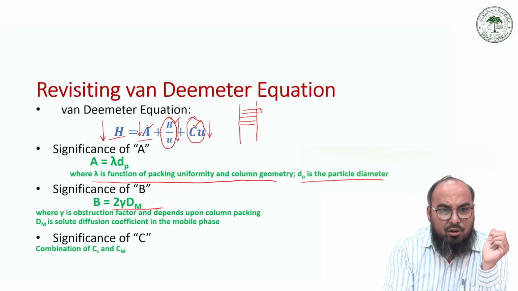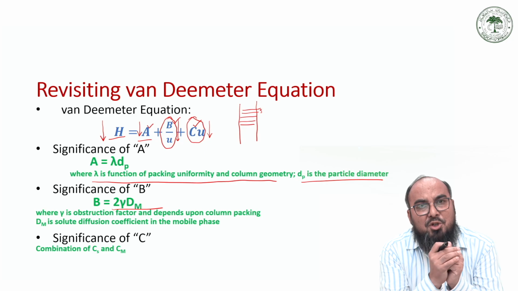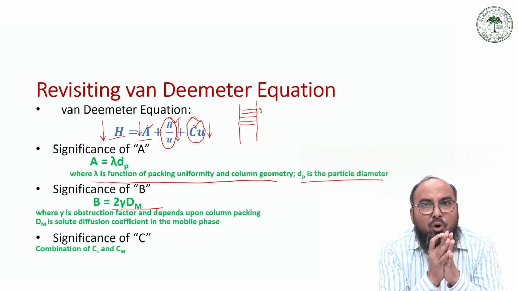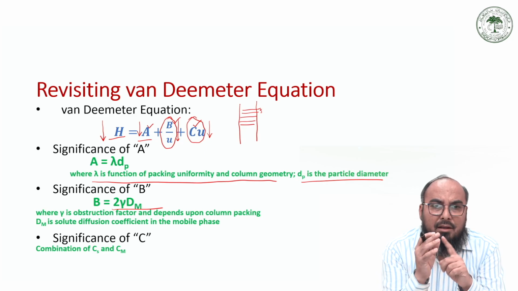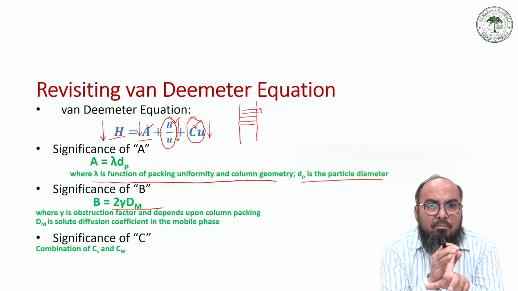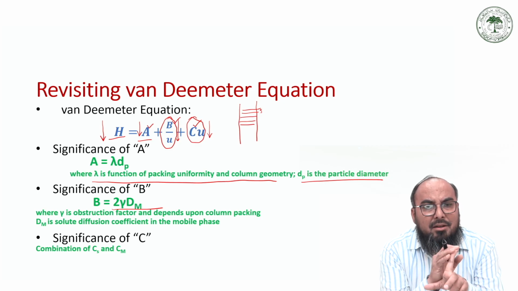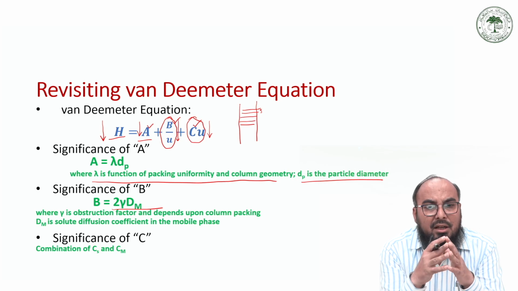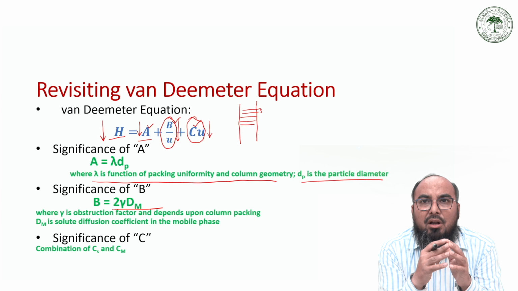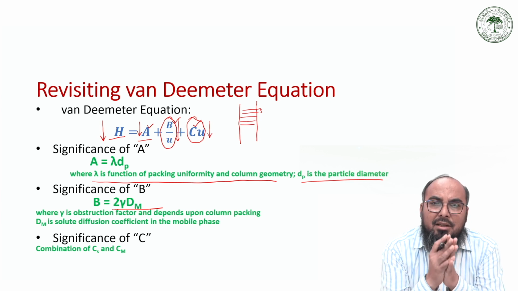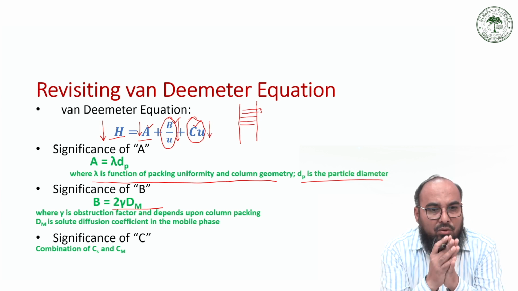And Dm is the solute diffusion coefficient in the mobile phase. So A is with regard to multiple path length, and B is equal to 2 gamma Dm, where gamma is again the obstruction factor and depends upon the column packing. If you have a uniform packing, then its value is low.